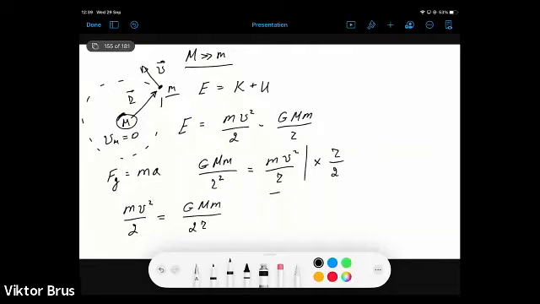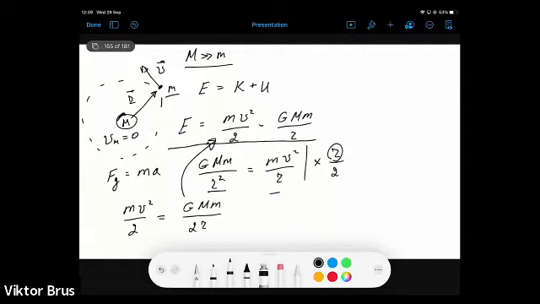So we have R squared in the denominator and R in the numerator. Now we can simplify the equation for total energy by substituting kinetic energy with the expression in terms of gravitational constant, masses, and radius.